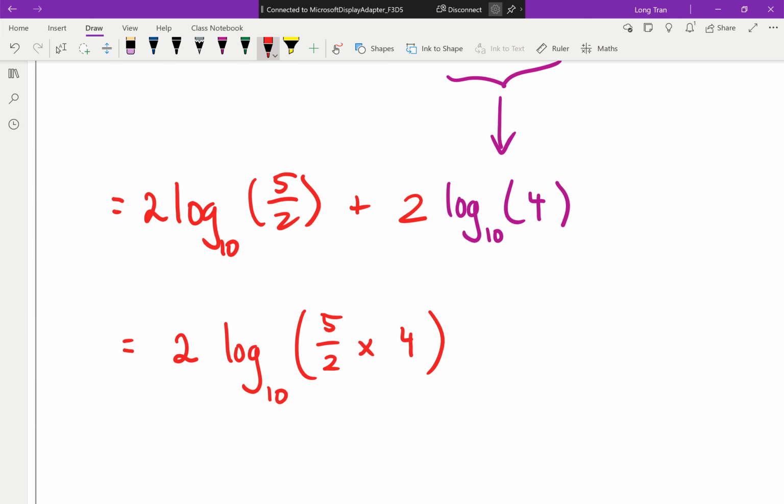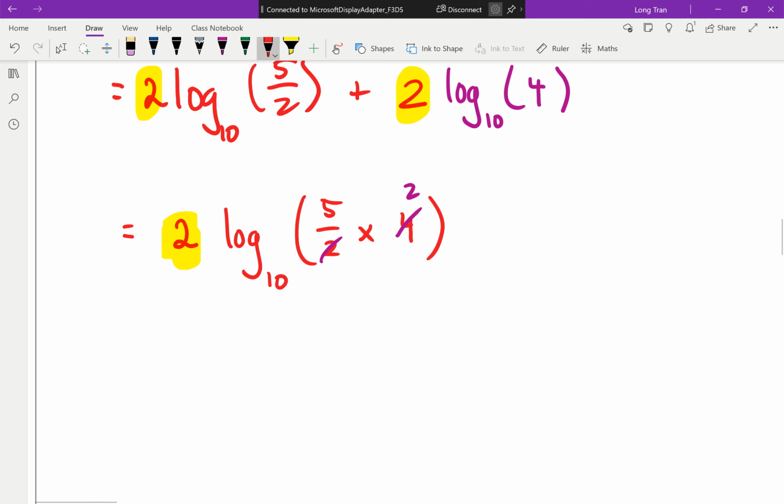Okay, and the reason why you can do that is because you're taking 2 as a common factor. So the 2 is taken out as a common factor, and then you focus on log 10 of 5 on 2 plus log 10 of 4 using rule number 1. We know that you can multiply them together, so that cancels out to be 2. And so this now gives you 2 log base 10 of 10.